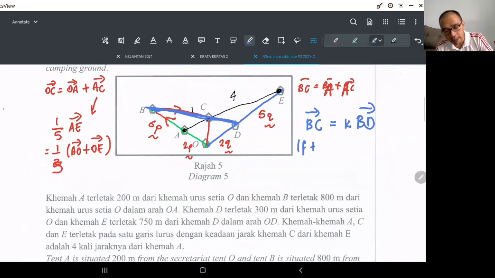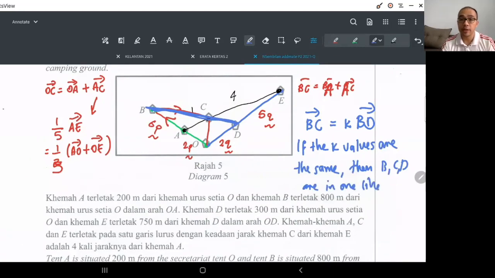Now, the idea is this. If the K values are the same, then B, C, D are in one line. If the K values are the same when you compare, then B, C, and D will be in one line. And if they are in one line, you cannot be seen.